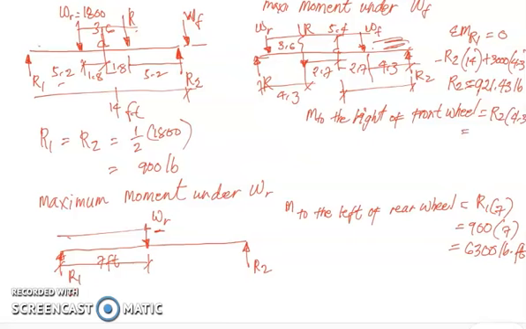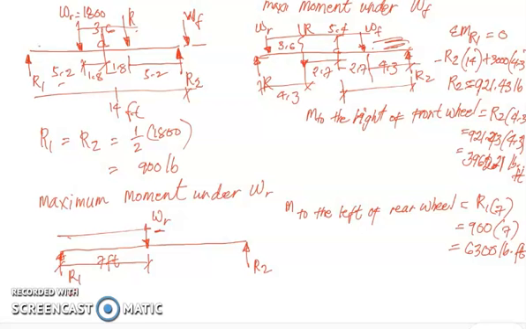So therefore, this will give us 921.43 times 4.3, and this will give us a value of 3,962.1 pounds-feet. So we have now our value for our moment to the right of the front wheel.